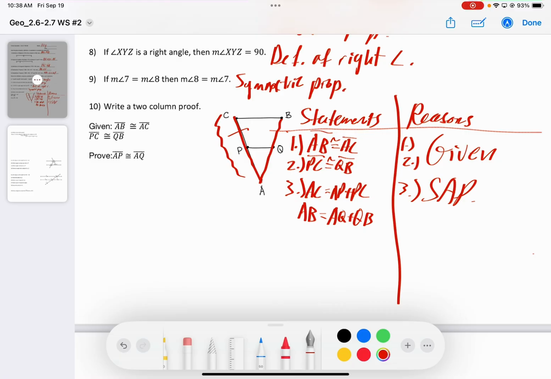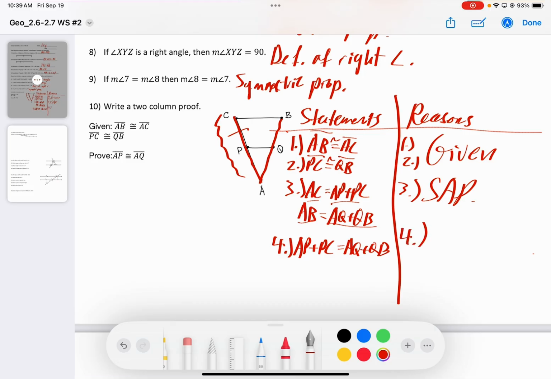What did I know about AC and AB? I know that AC and AB are congruent to each other, so I can set these two pieces equal to each other. So I'm going to say that AP plus PC equals AQ plus QB.